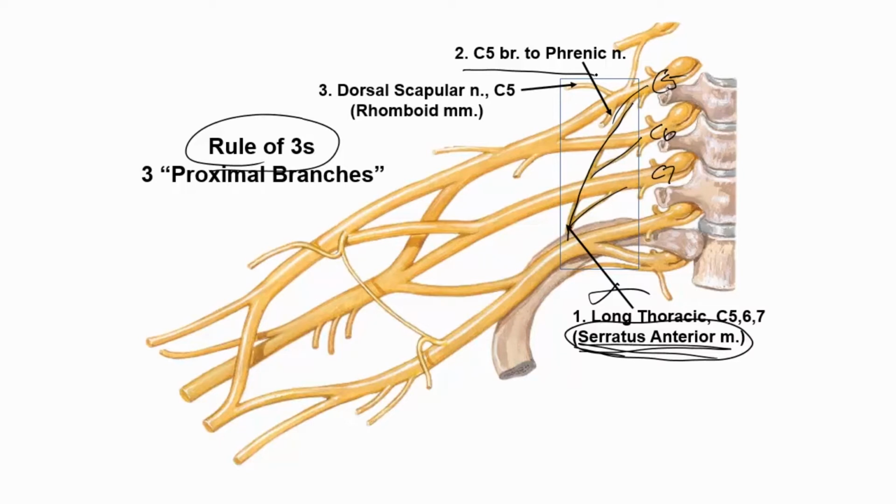And the third one in this proximal region is the dorsal scapular nerve, specifically just from C5 spinal segment, and it supplies the rhomboid muscles, rhomboid minor, rhomboid major, that are on the posterior surface, part of the extrinsic muscles of the back. So long thoracic, dorsal scapular, and the C5 component of the phrenic are the 3 that we see in this proximal region.